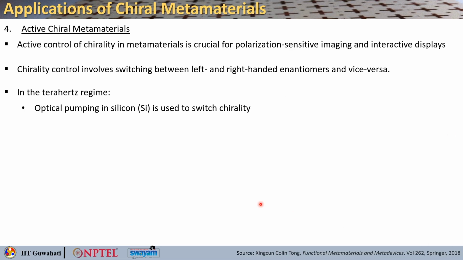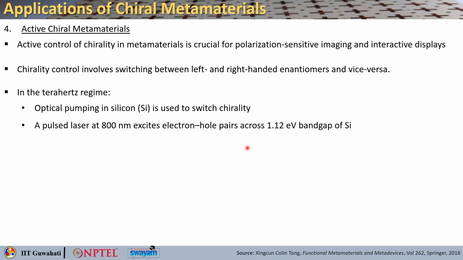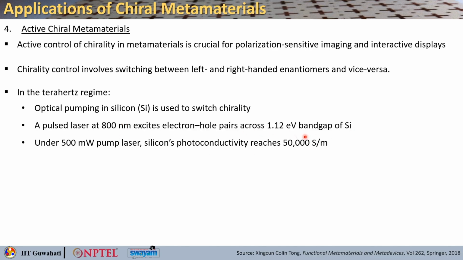So, in the terahertz regime, the generation of charge carriers via optical pumping in silicon is basically used to switch this chirality. You can think of a laser pulse working at 800 nanometer being utilized to excite the electron hole pair across the 1.12 electron volt band gap, and then under the illumination of a 500 milliwatt pump laser, the silicon's photoconductivity can reach as high as 50,000 Siemens per meter.